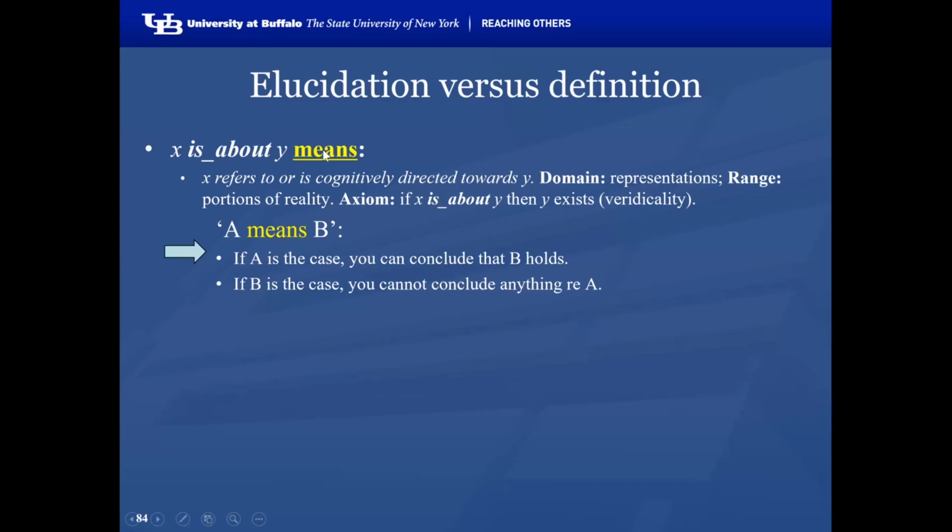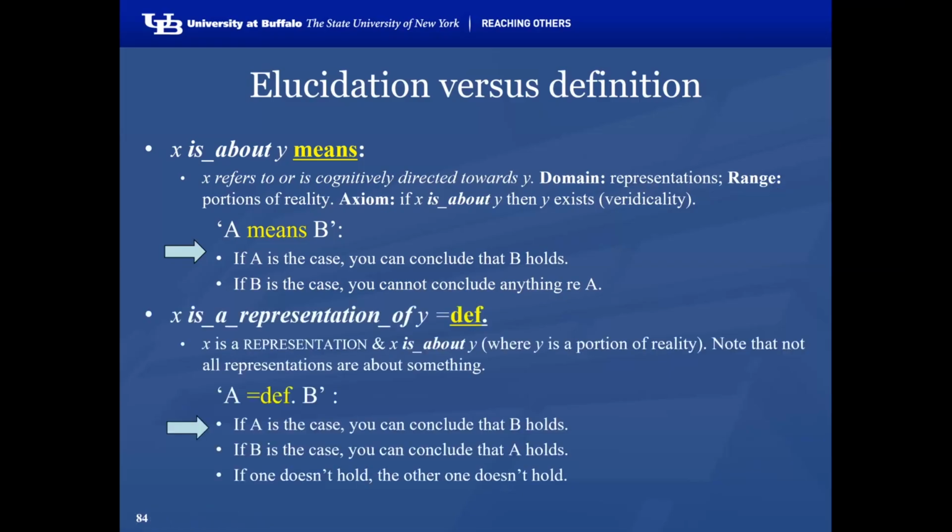Now, if you have A means B as a term, which is an elucidation, then if A is the case, you can conclude that B holds. If B is the case, you cannot conclude anything with respect to A. That's the difference with the definition, which usually we note like this, is def.